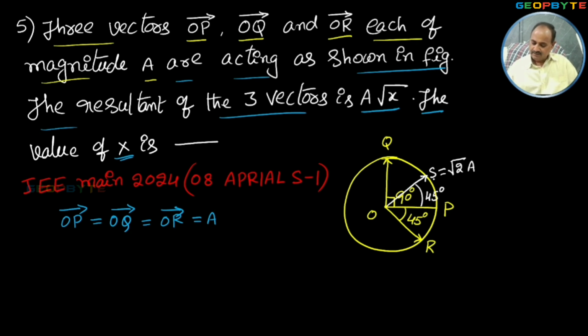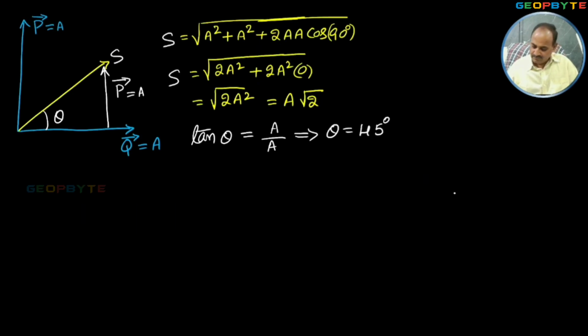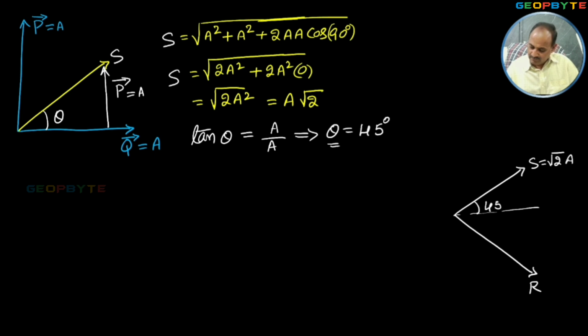Now let us take the vector S and vector R. Vector S is equal to root 2A, and this is the vector R with respect to the horizontal line. This is the theta 45 degrees, and this angle is also given as 45 degrees.